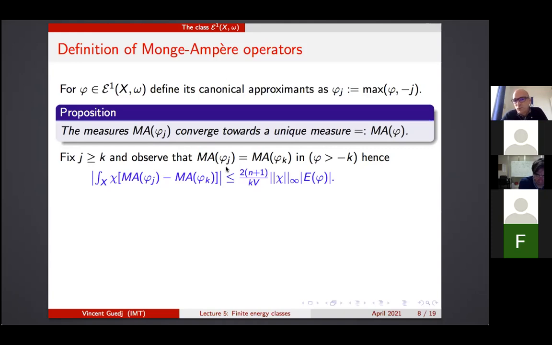These two terms will be controlled by the energy of phi on one hand, and on the other hand, when you introduce them, you can divide by k, which is the minimum of k and j. So you have this simple inequality that tells you that the sequence Monge-Ampère of phi_j is a Cauchy sequence in the space of probability measures.